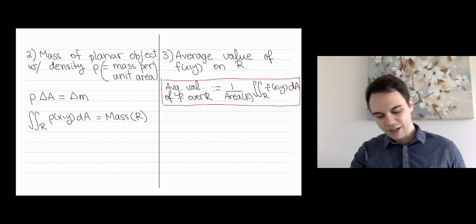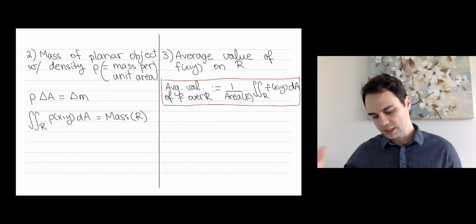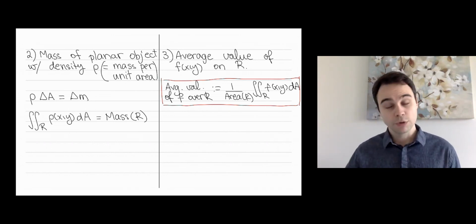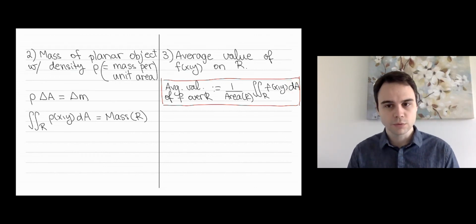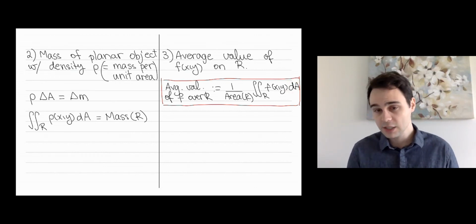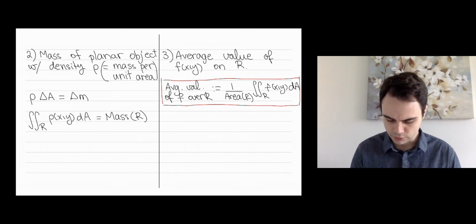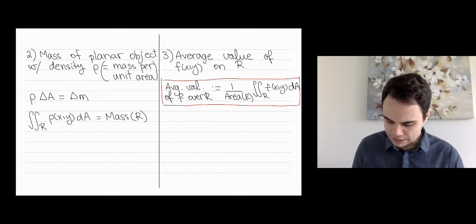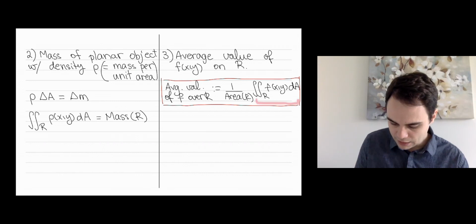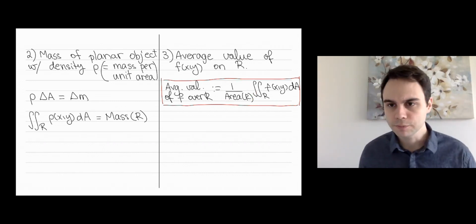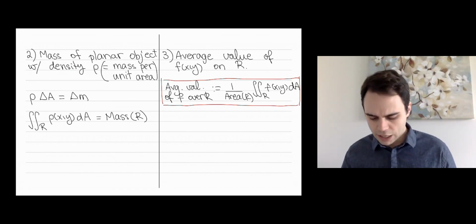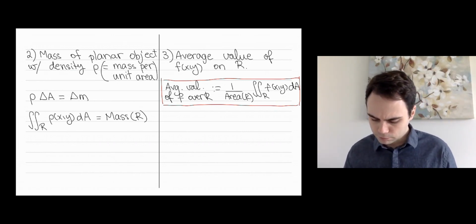If I were just adding infinitely many positive numbers, that would give me infinity, but here I'm multiplying each one by something infinitely small. And that gives me a finite number, and then at the end of this, I'm dividing by the area of the region.